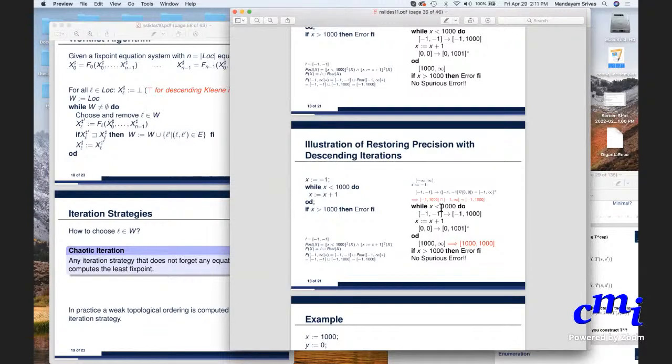You will take the exit edge and improve 1000 to infinity, which was there earlier, to the interval 1000, 1000. That way you get the more precise invariant, which avoids the spurious result. That's what I wanted to point out.